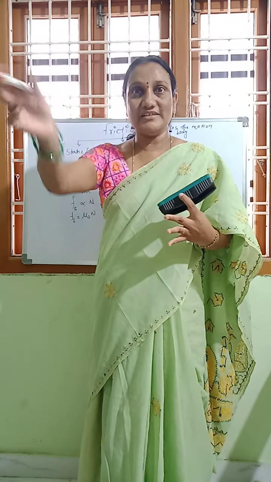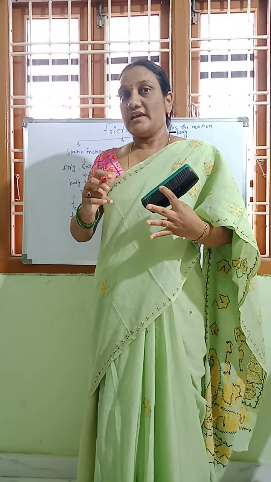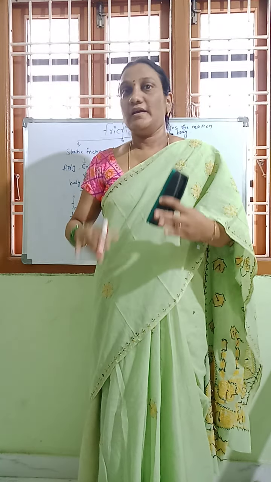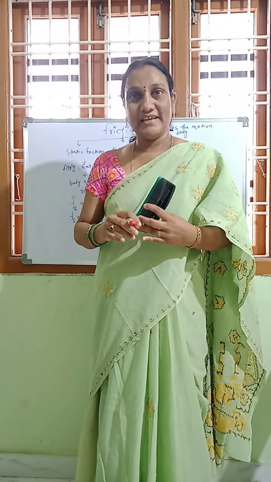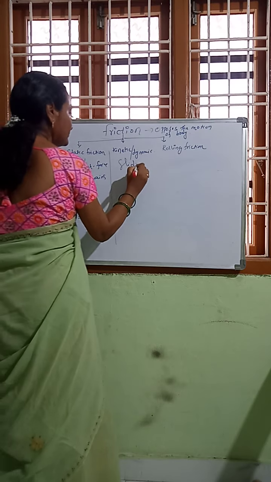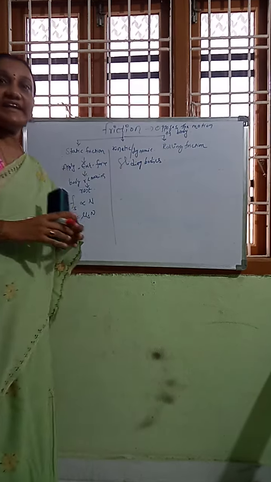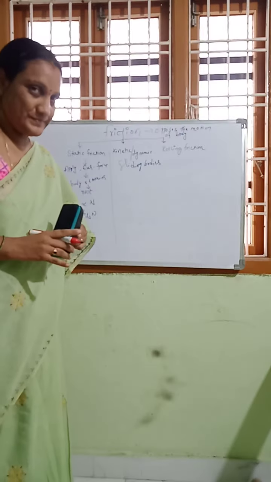After a certain extent, suddenly they stop. Means here the frictional force is opposing the motion of the body. Okay? So that resistance encountered by the sliding bodies, we call it kinetic or dynamic friction.